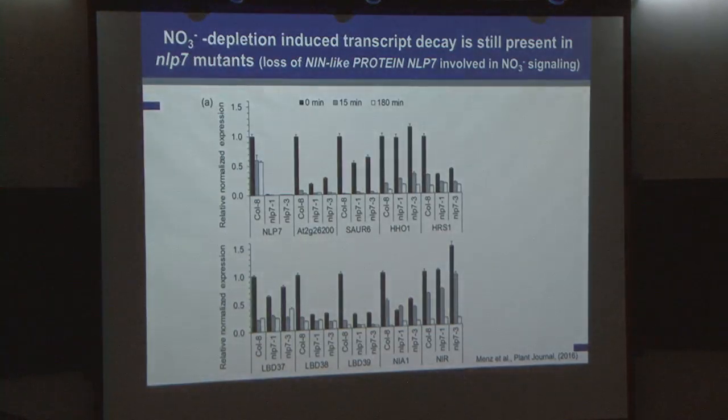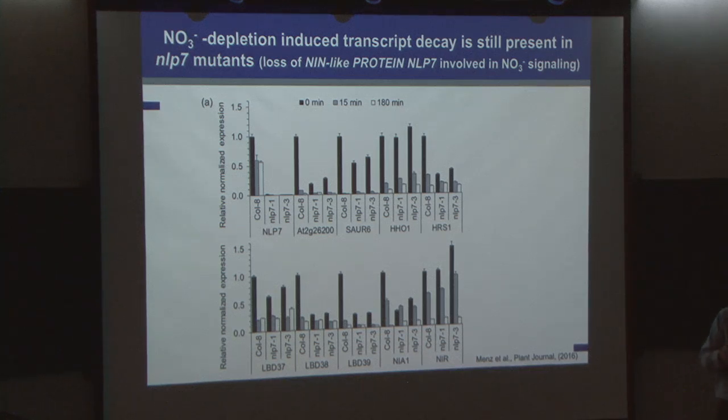NLP7 stands for NIN-like protein 7. It was a gene identified to be involved somehow in the nitrogen responses also of legumes, then in Arabidopsis, and then, well, several groups identified it as the major regulator of the nitrate response.